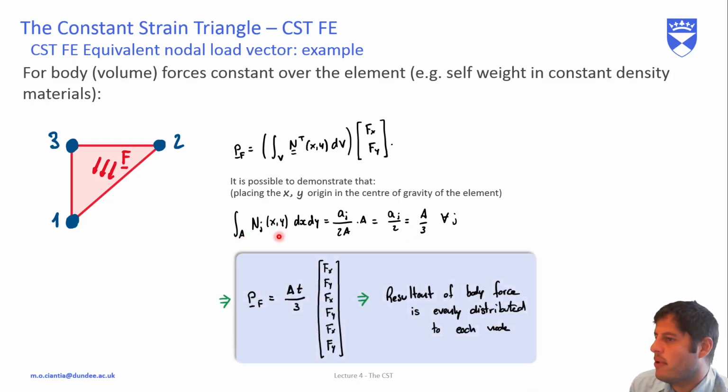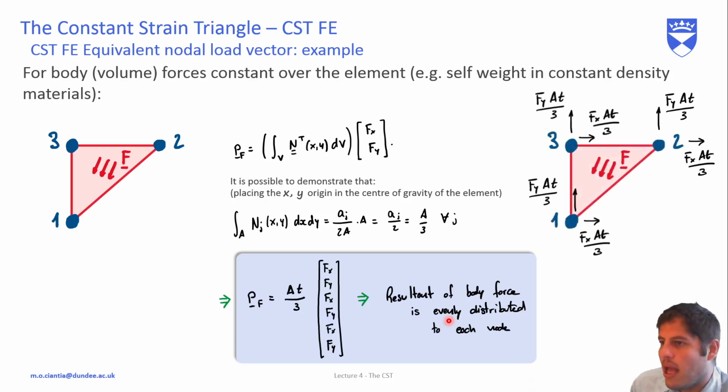So using this property, the nodal load vector for body forces, so forces over volume, is basically evenly distributed on each node. What does this mean?